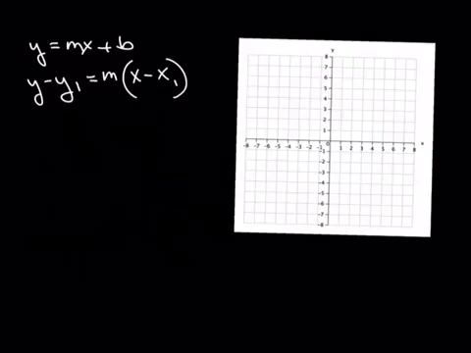So, for example, in example 6, they give you 2 points, (2, 3), and they also give me (1, -4). All right, so if we're using the slope-intercept form of the equation, we have to eventually find out what the m is and what the b is.